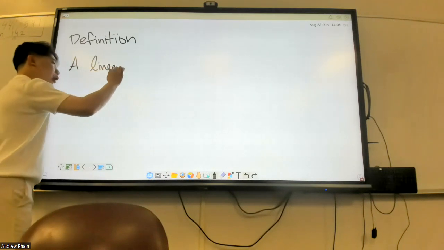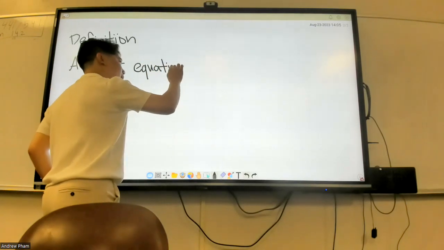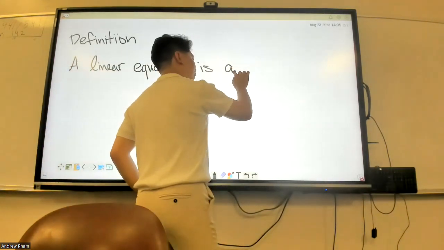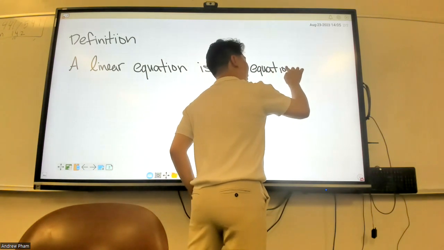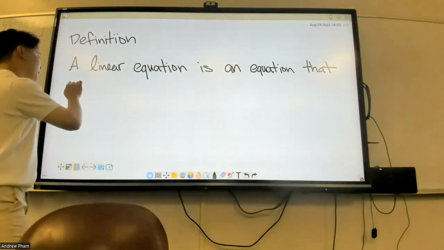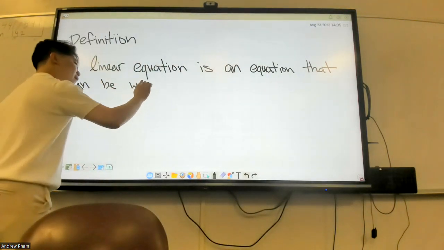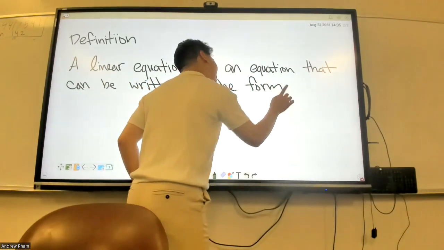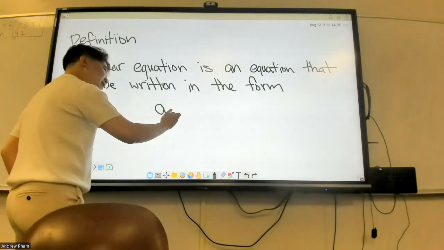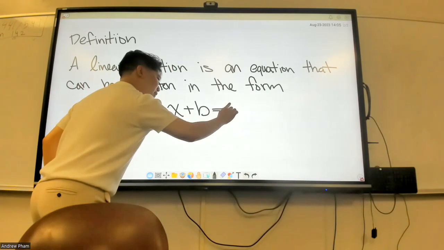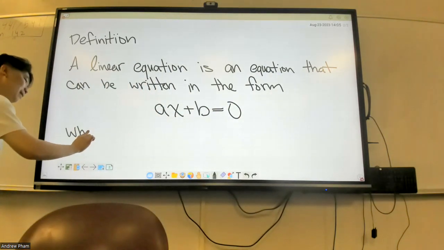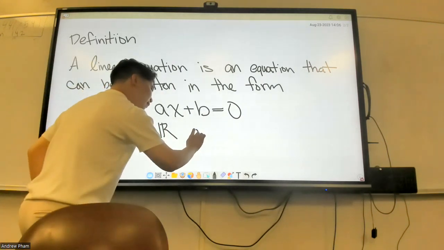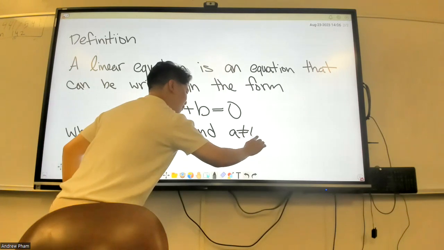A linear equation is, well, quite obviously an equation that can be written in the form, and we'll write this as ax plus b is equal to 0, where a and b are real numbers, and a is not 0.